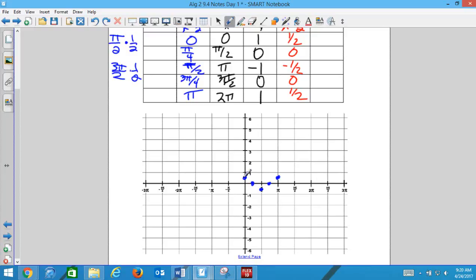Okay, so this is one cycle. It has that classic cosine shape, which is like a valley. We do have to continue it through the graph.